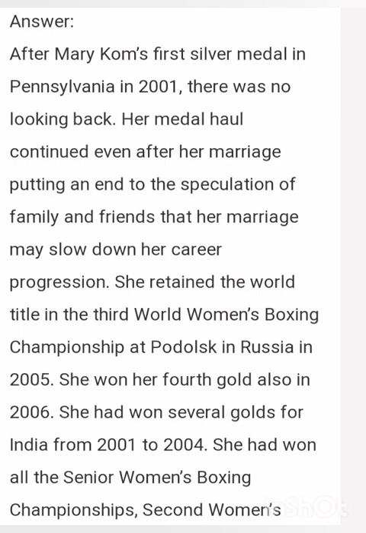After Mary Kom's first silver medal in Pennsylvania in 2001, there was no looking back. Her medal haul continued even after her marriage, putting an end to the speculation of family and friends that her marriage may slow down her career progression. She retained the world title in the third World Women's Boxing Championship at Parlok in Russia in 2005.